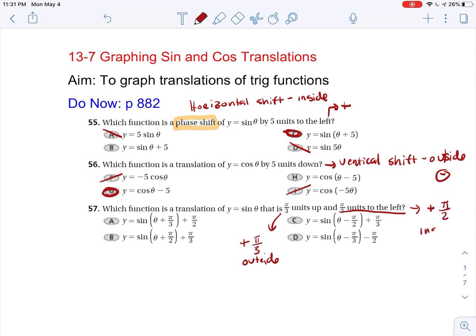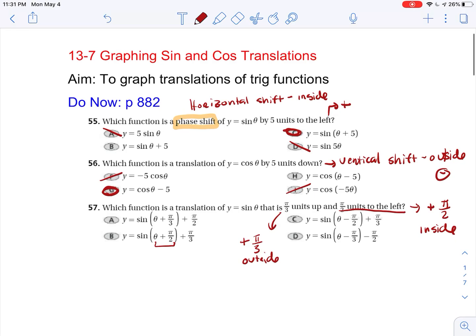And pi over 2 units to the left tells me left is going to be a positive value on the inside. Okay, so let's take a look at our answer choices. A plus pi over 2 on the inside. Well, we only have one of those, which is choice B. Does it have a plus pi over 3 on the outside? Yes. So our answer choice is B.